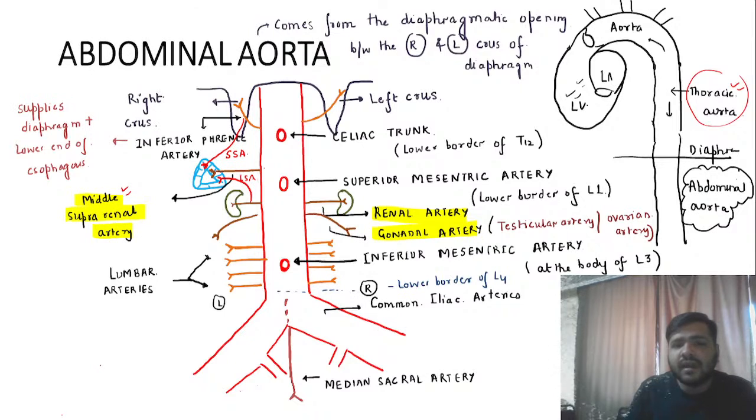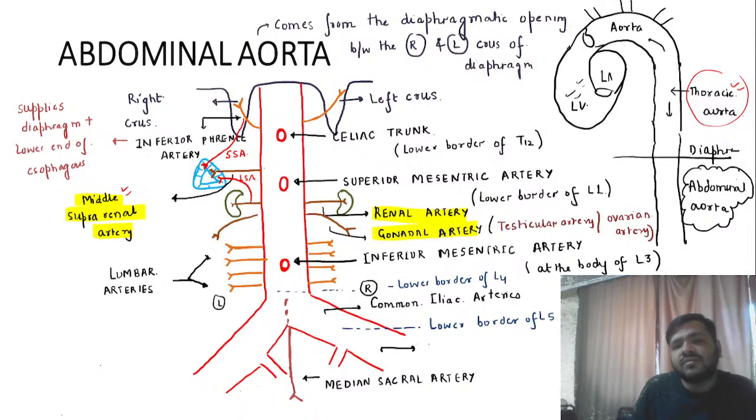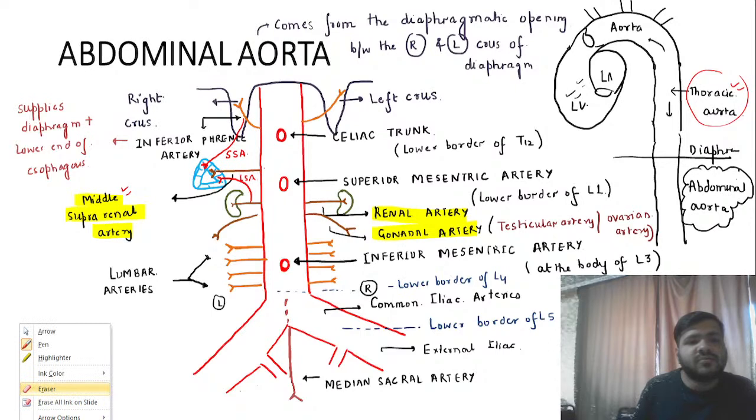And remember, at the lower border of L5, the common iliac arteries will again divide into external iliac artery and internal iliac artery. So this is external iliac. अच्छा हाँ, जस्ट अ मोमेंट, ये मैंने राइट लेफ्ट उल्टा लिख दिया है. तनुप्रिया, थैंक यू फॉर करेक्टिंग इट.